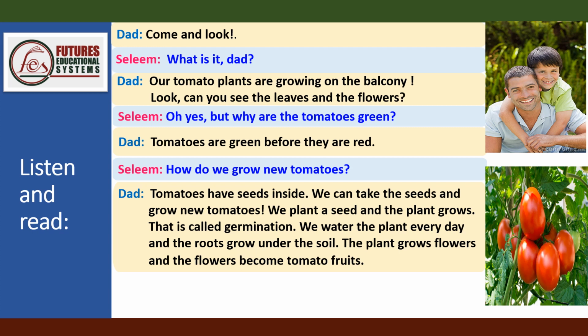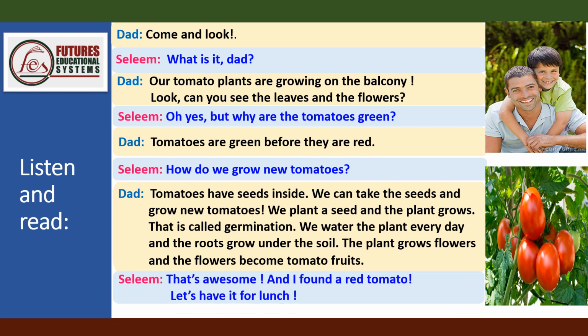Dad, tomatoes have seeds inside. We can take the seeds and grow new tomatoes. We plant a seed and the plant grows. This is called germination. We water the plant every day and the roots grow under the soil. The plant grows flowers and the flowers become tomato fruits. Selim, that's awesome. And I found a red tomato. Let's have it for lunch.